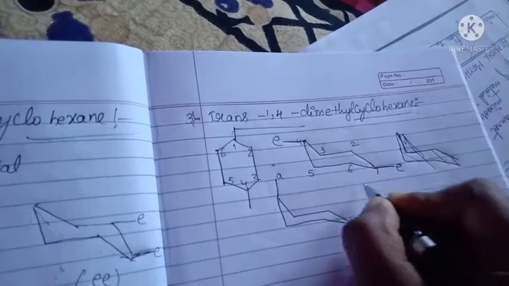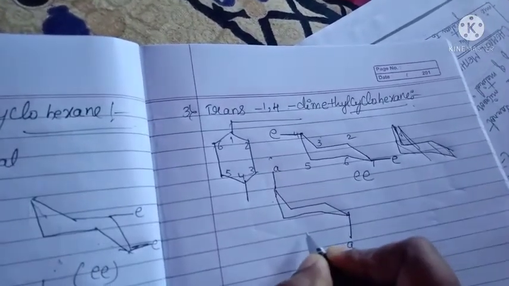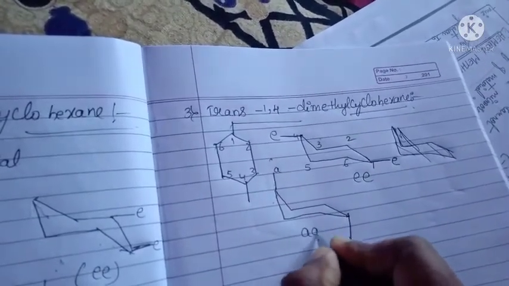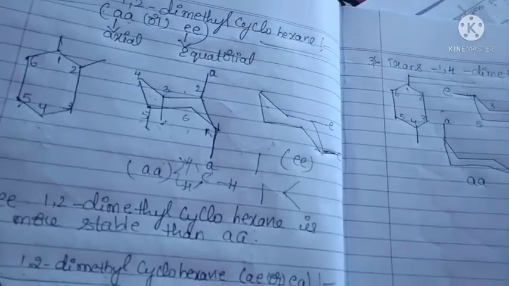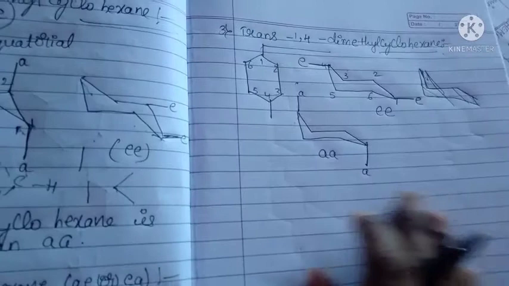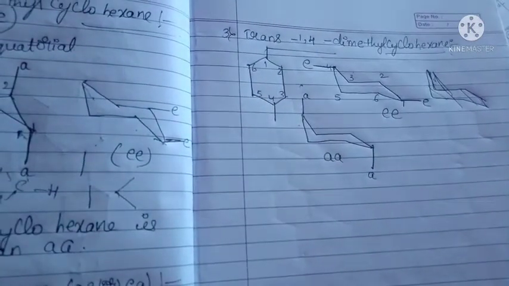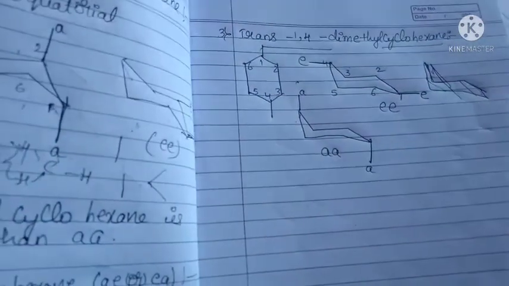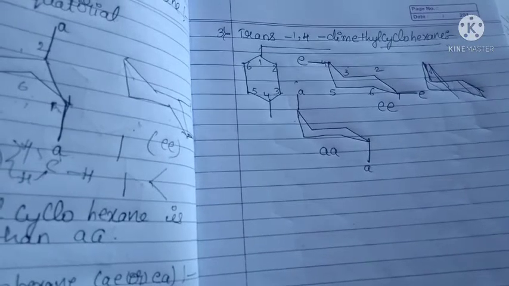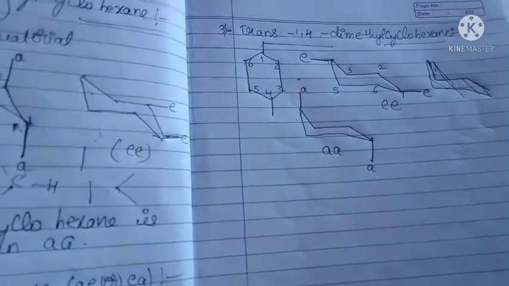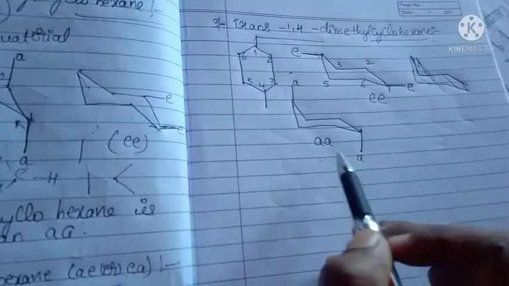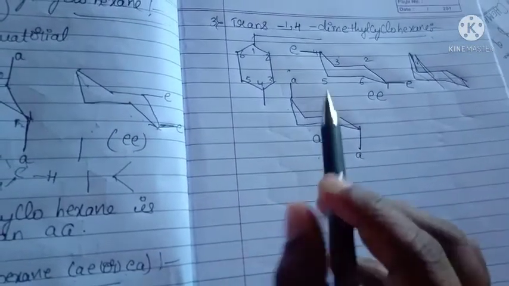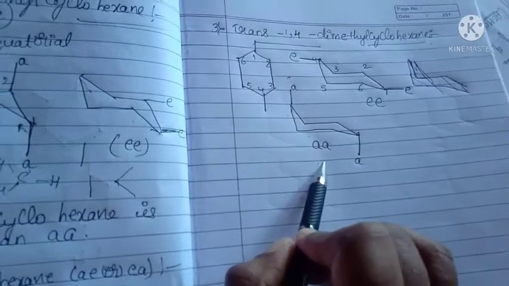This is the EE conformation and AA conformation. Here also in the above structure, EE substitution is more stable than the AA because it has no 1,3 diaxial interaction. Okay. In this AA conformation there is diaxial interaction, so that's why it is less stable.